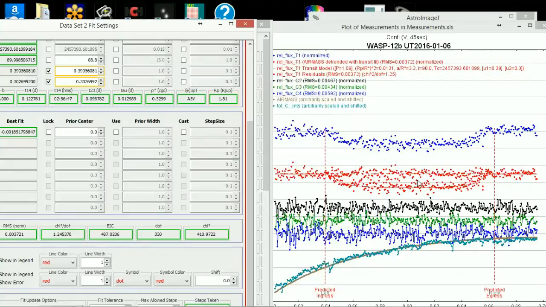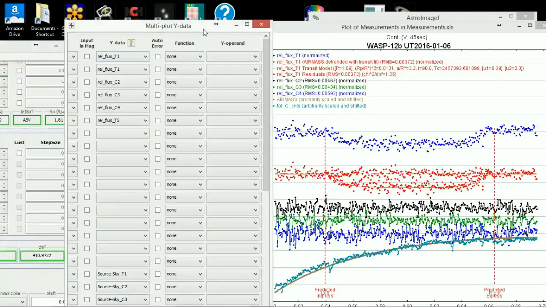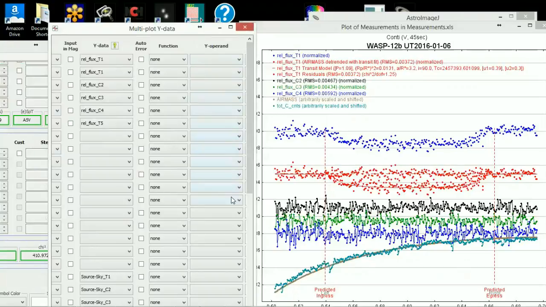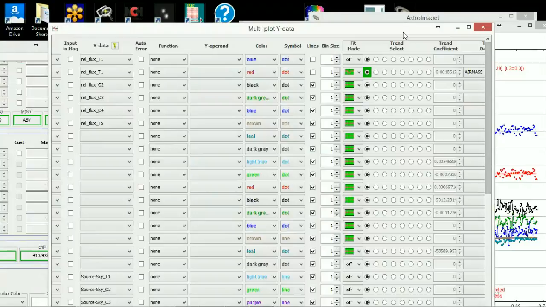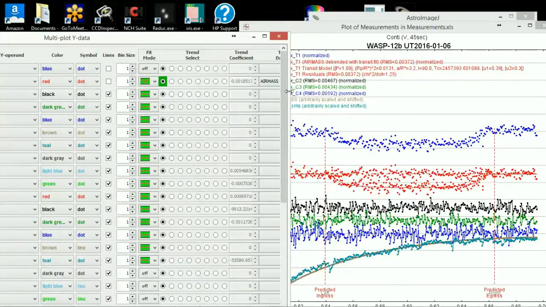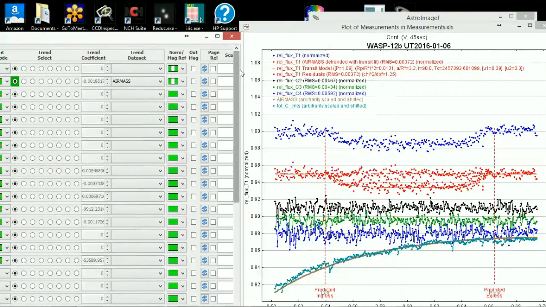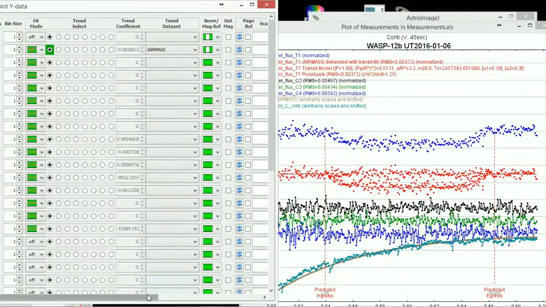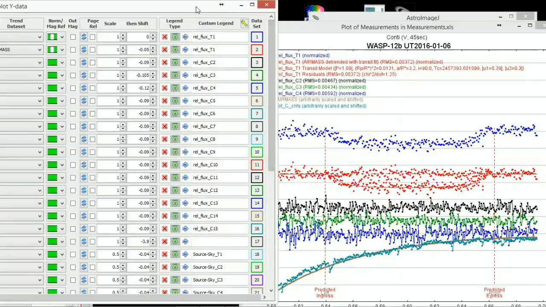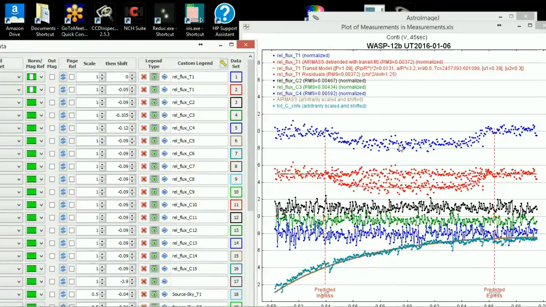Now, to make this a little bit clearer, let's adjust some things on the screen here. Let's do that by going to our plotting screen, and let's go all the way to the far end. What we're going to do is shift some of these curves upwards. So for example, let's shift up the relative flux curve.